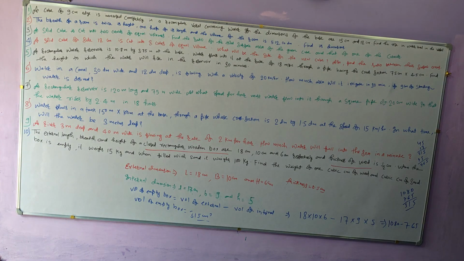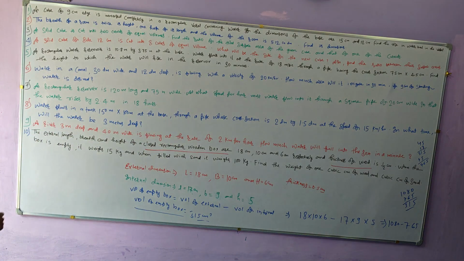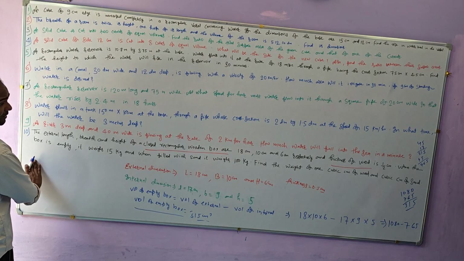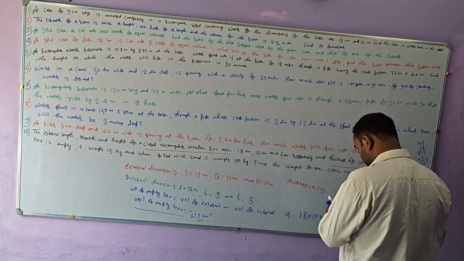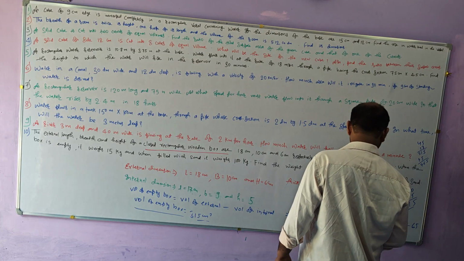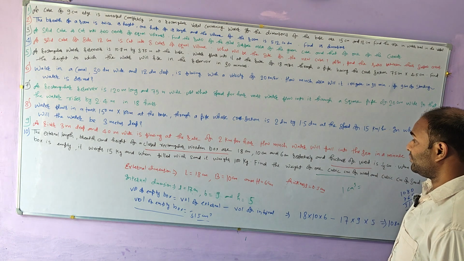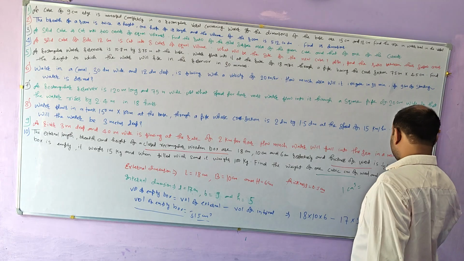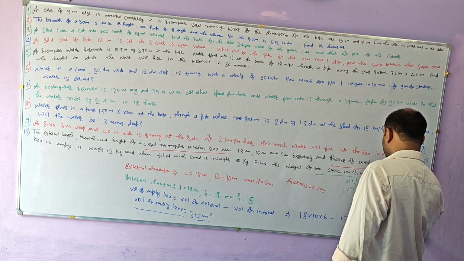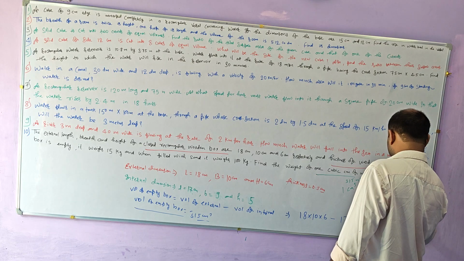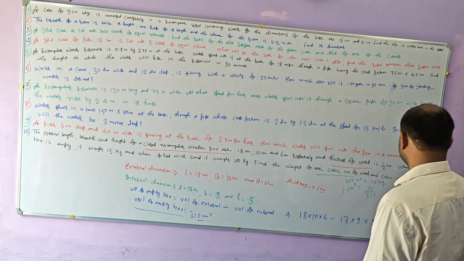We have an empty volume of 315 centimeter cube, and 315 centimeter cube is 15 kg. So 1 centimeter cube is 15 upon 315 kg.